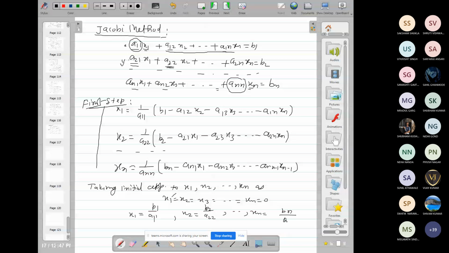This is the first approximation to the solution x1, x2 and xn. We just divide the coefficient b1 by the coefficient of x1 to obtain the first approximation to x1, and b2 by the coefficient of x2 for the first approximation to x2. So this is the first approximation.